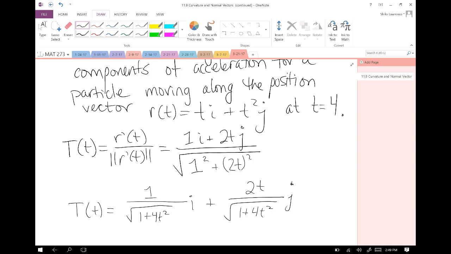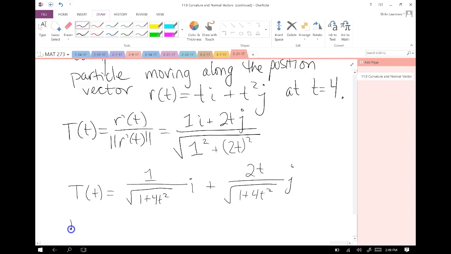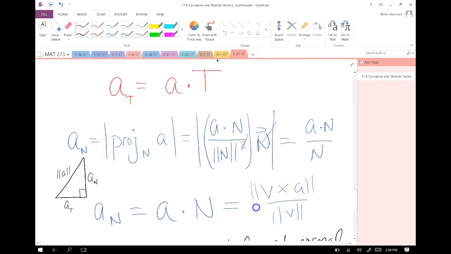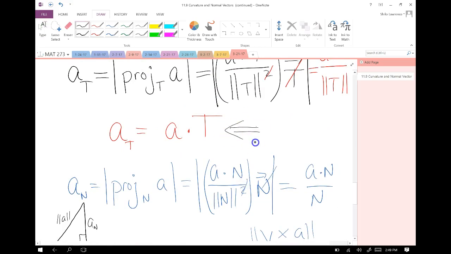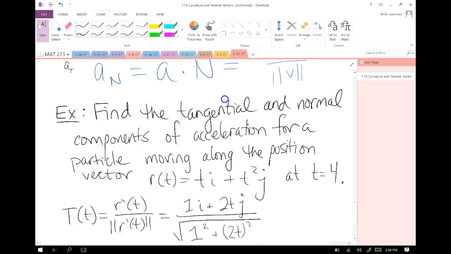Magnitude is the square root of 1 plus 4t squared. It would be easier just to leave it. We do need to do a dot T. So we can go ahead and do T of 4 right now, and that would be fine.